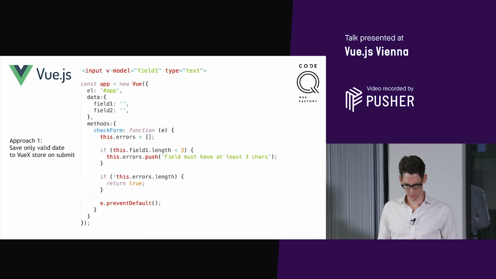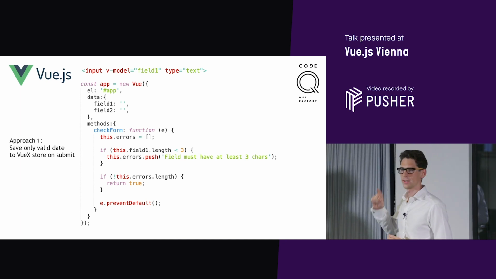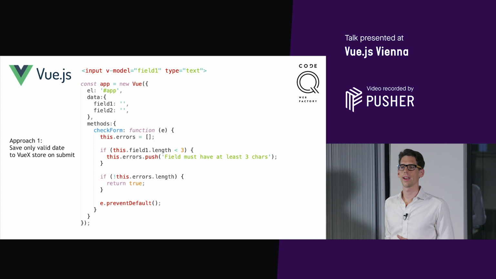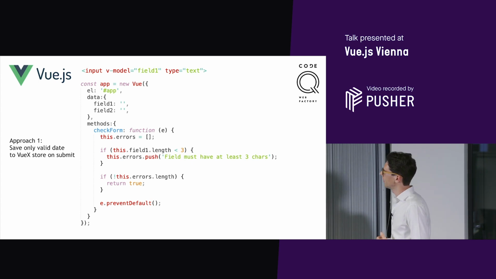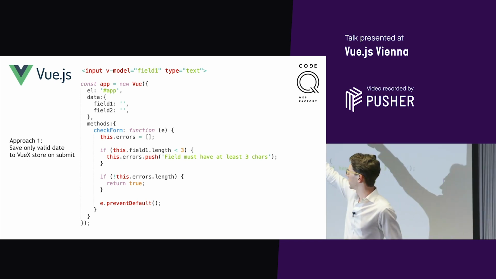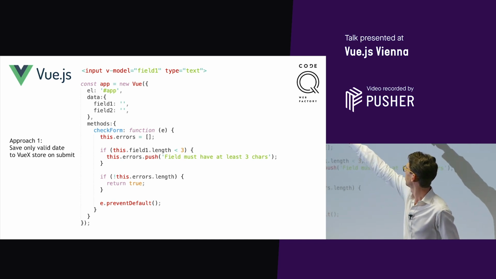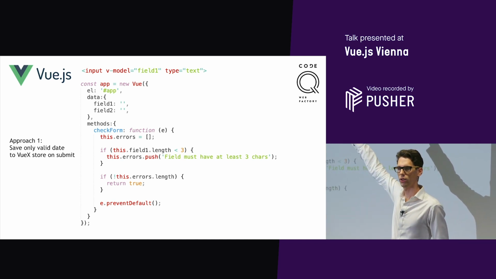All right. This is the basic example of how to handle validation in Vue from the documentation. It's very simple. In your app root data, you have field 1 and 2, and above you're using v-model to bind the input data to the input.